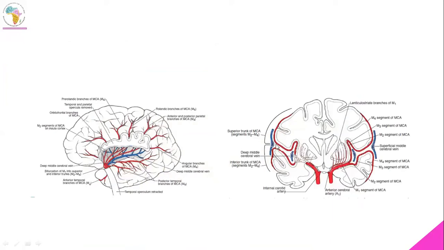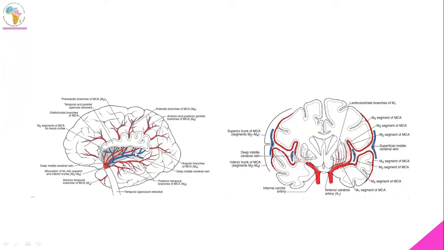In this image, we can see the superficial Sylvian vein, which is formed by the convergence of the cortical veins along the superficial aspect of the Sylvian fissure. In the depths of the Sylvian fissure, along the surface of the insula, we have a deep middle cerebral vein, or deep Sylvian vein.